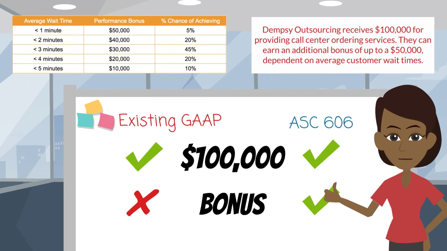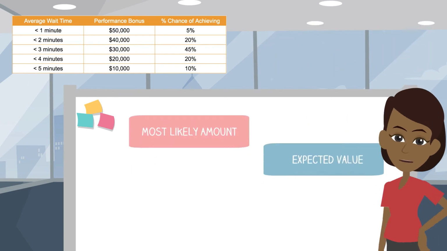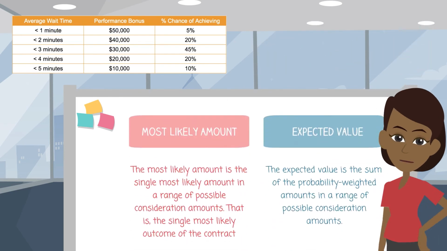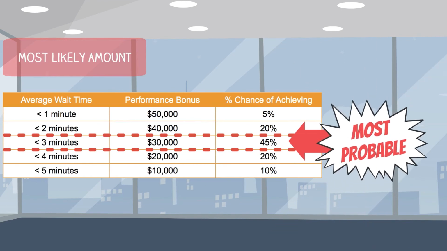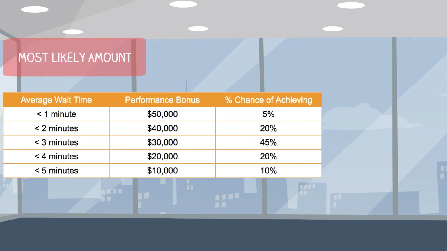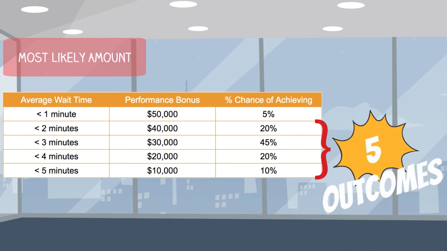As we previously discussed, entities can use either the most likely amount approach or the expected value approach when determining this amount. Using the most likely approach, $30,000 would be included as part of the transaction price, since the 45% chance of achieving this outcome is the most probable outcome. The new standard's not clear on how the most likely approach is utilized if there's more than two outcomes.